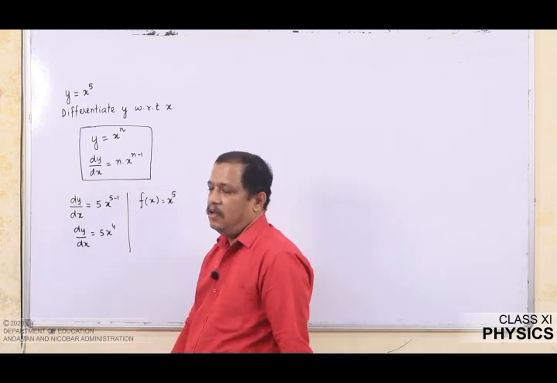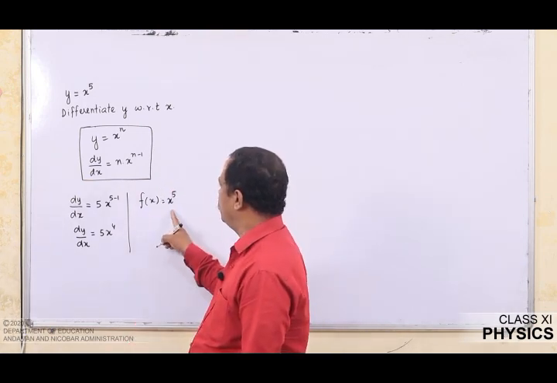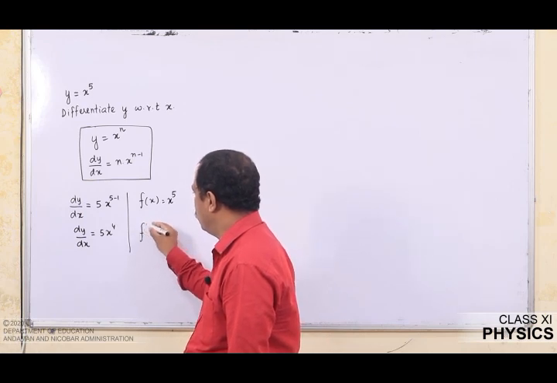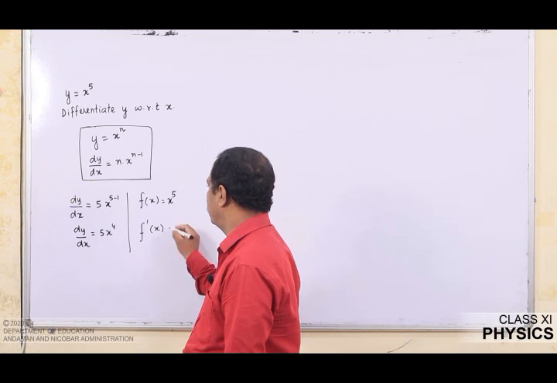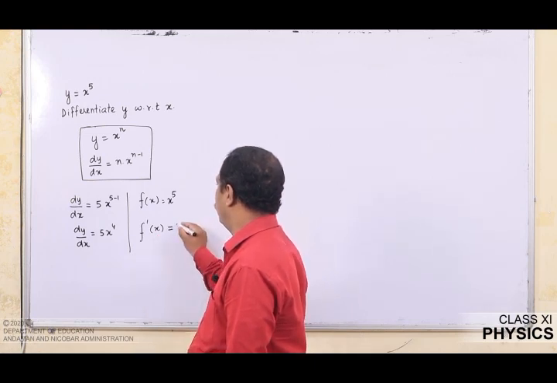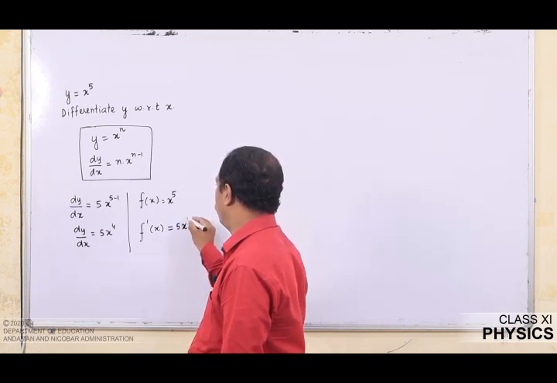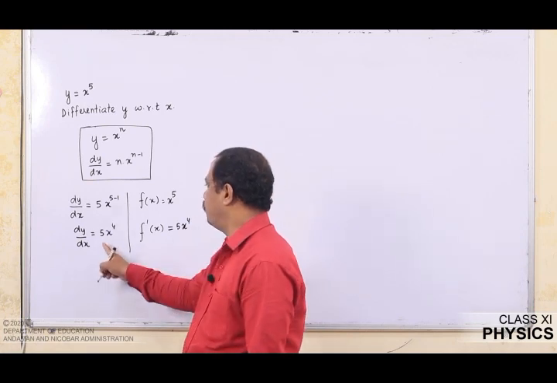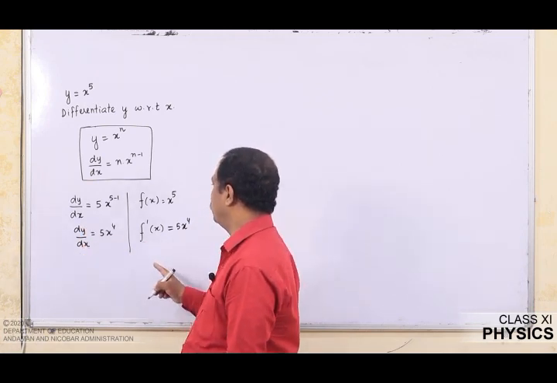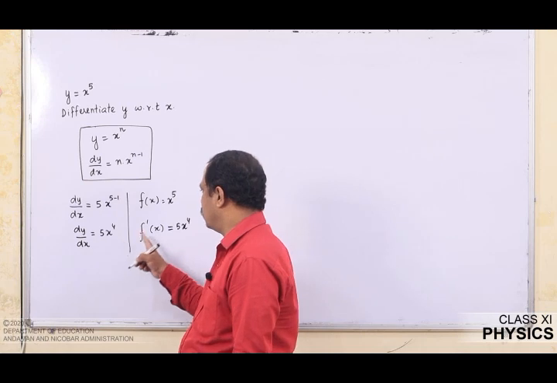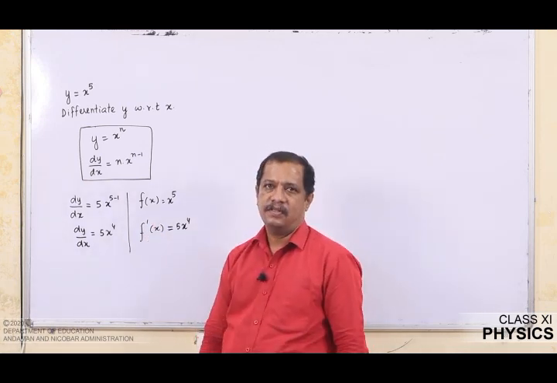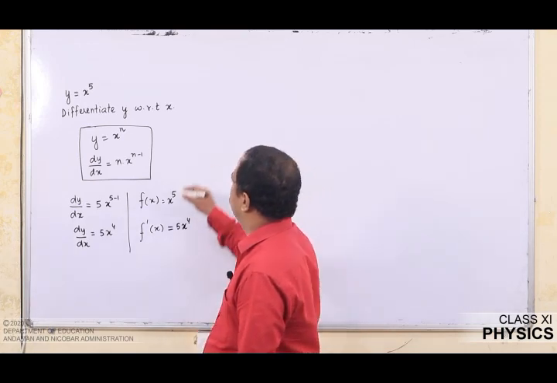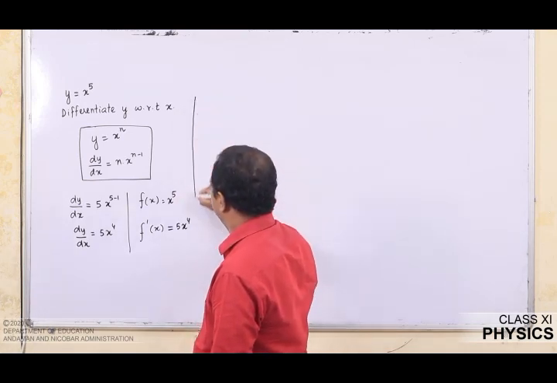When I am asked to differentiate this one, symbolically we represent it like this: f dash x is equal to 5 times x power 4. So, 5 times x power 4 is the differentiation of y with respect to x, also shown symbolically as f dash of x. So, let us see the second problem.